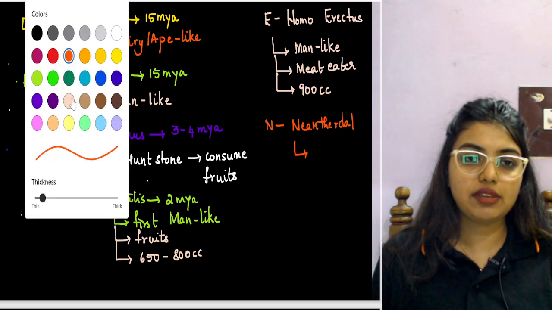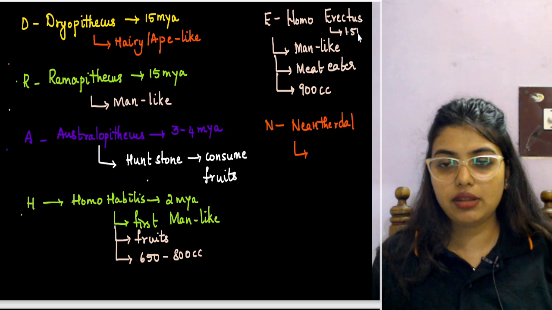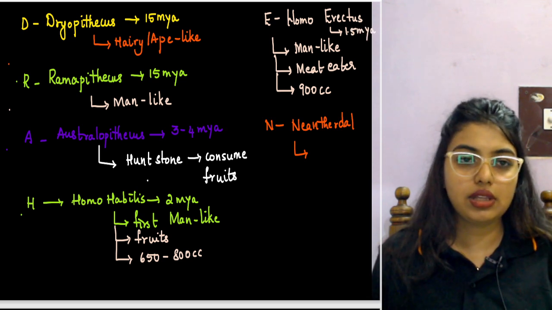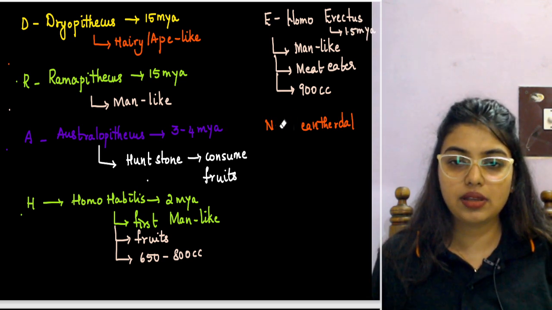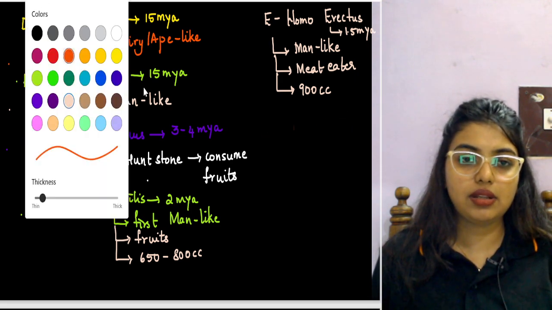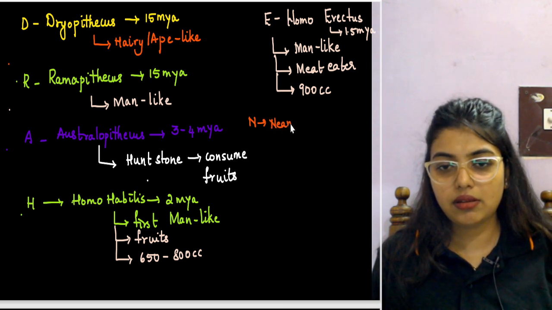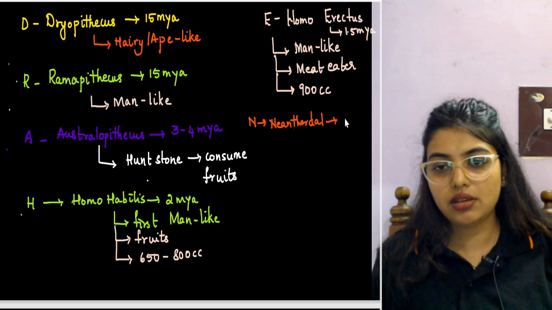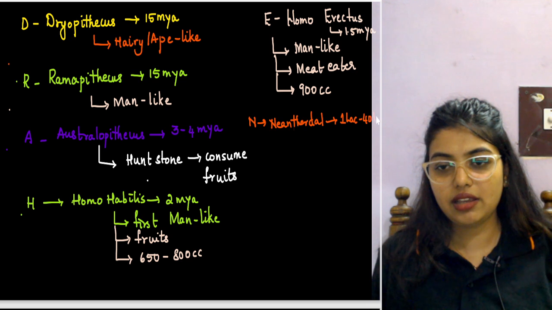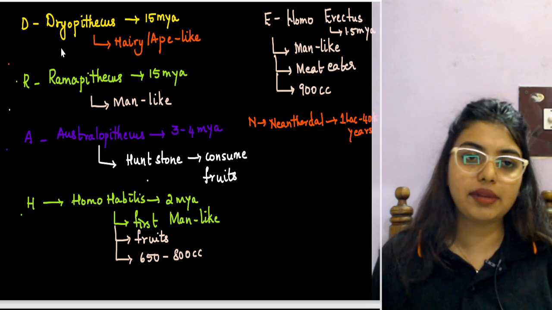During 1.5 million years ago, one second, I'm writing that also. 1.5 million years ago. Then this was in 1 lakh to 40k years back. Short form I'm writing.